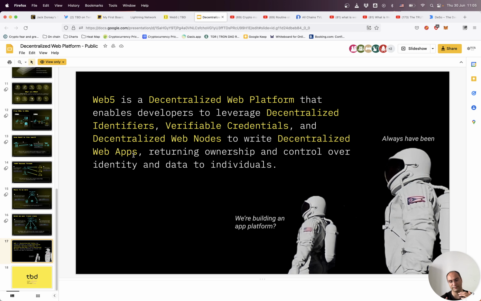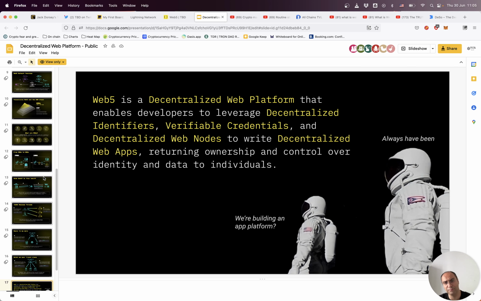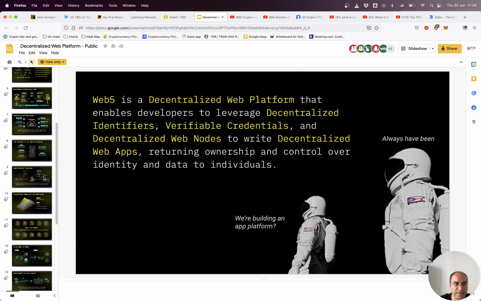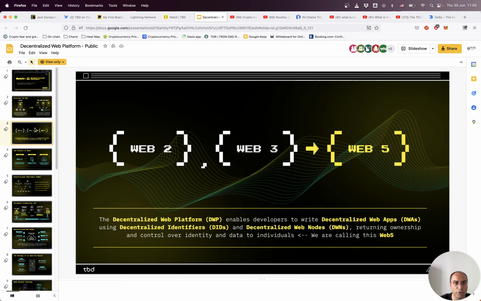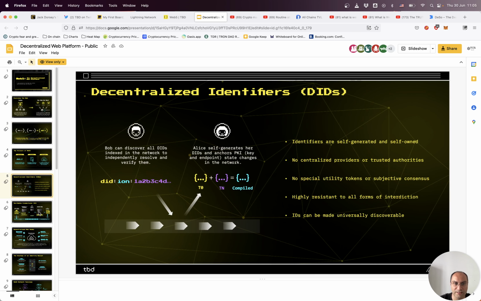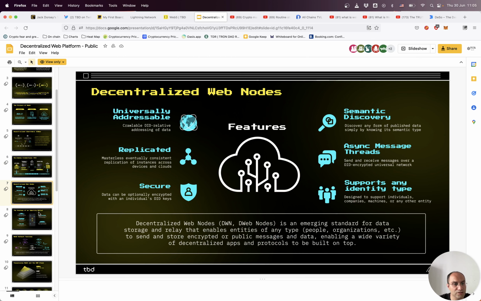We can see the same things repeating here: Web3 and Web5, decentralization, web app. But here we have this decentralized web node, and if you would like to understand more and are willing to spend more time, please write in the comments that you're interested. Then I will go through this slide one by one, and we can see what they are explaining about their project and how the technology behind it will work.